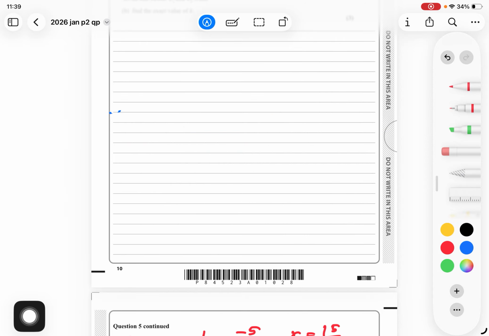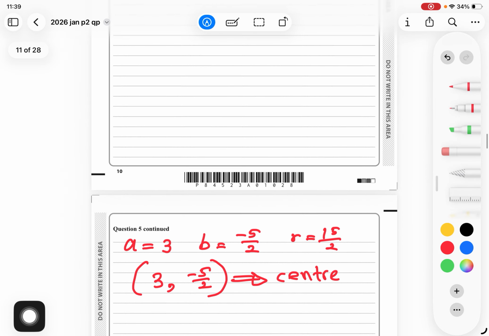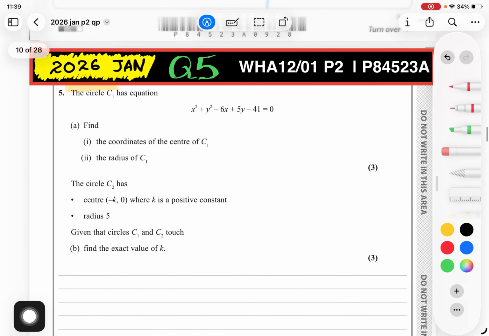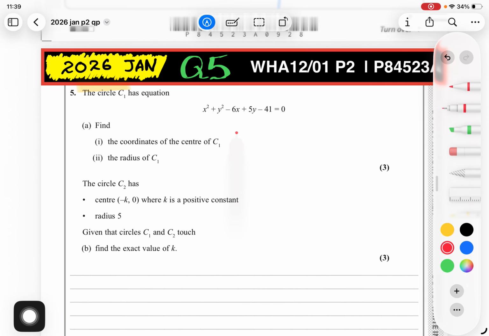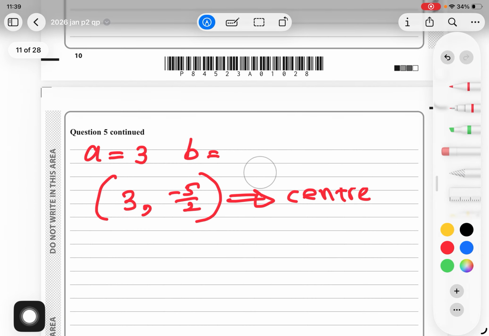I'll keep this information here in case we need it. So let me quickly write it. The center was (3, −5/2) and the radius was 15/2.